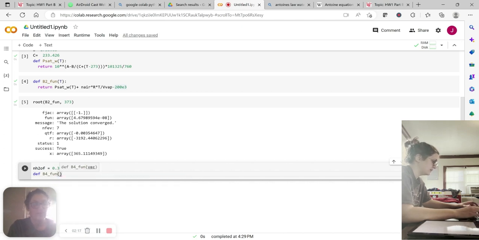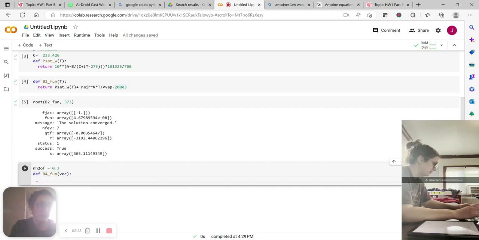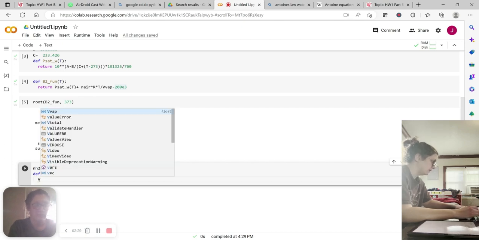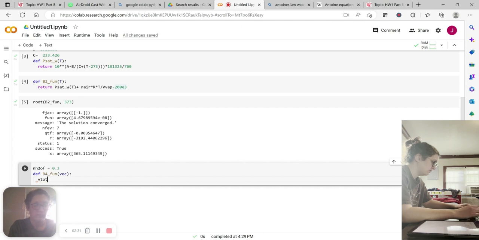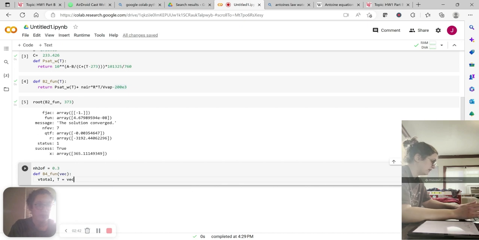And this time, instead of as a function of t, we're going to do a vector, since we have two things we are solving for. And now we need to do V total, comma T equals vec, because those are the two inputs that we are going to have.